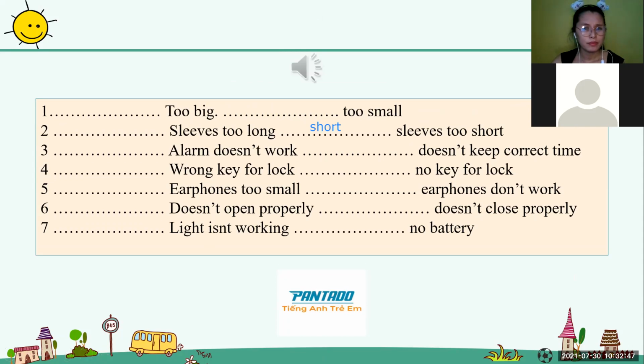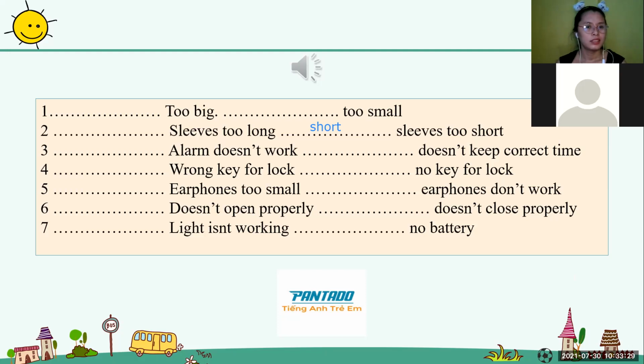Activity 5. Listen to people returning things to a department store. What's wrong with each item? Tick the best answer. 1. Oh, 1. I'm afraid I'll have to change these shoes. I just can't get into them. Have you got a bigger size? Oh, what word there? Is it too big or 2. too small? 2. I'd like a sweater with longer sleeves. These are too short. 3. There's something wrong with this clock.